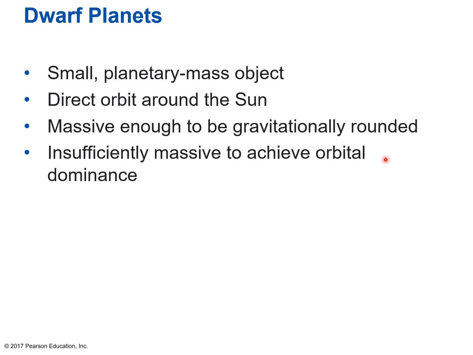And this fourth part of the definition is a bit confusing and a bit controversial, but it says it's insufficiently massive to achieve orbital dominance, which means some objects that satisfy the other three parts of the definition are not massive enough to have gravitationally caused smaller objects to leave their orbits.